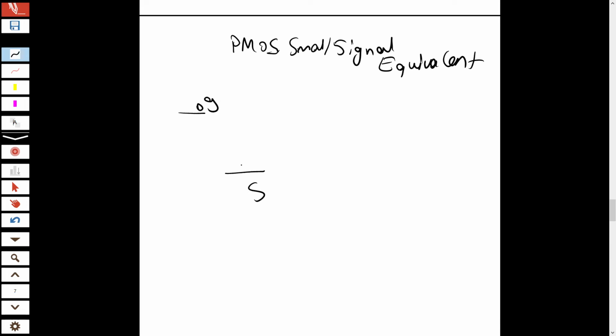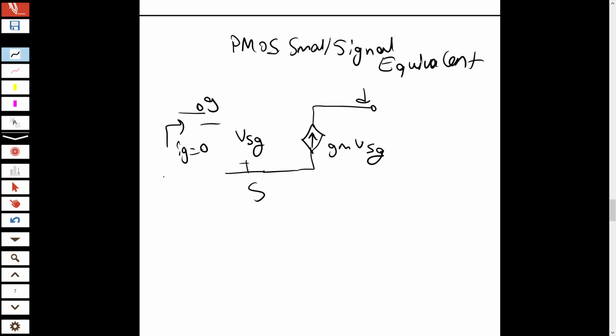Here, this is my source, but I'm looking for this voltage V source gate. There is current passing from source to drain, and there is drain. What is this gm? This current is gm V source G. Here it comes to drain. Again, gate current is 0, and you see infinite resistance. So this is small signal equivalent of PMOS.